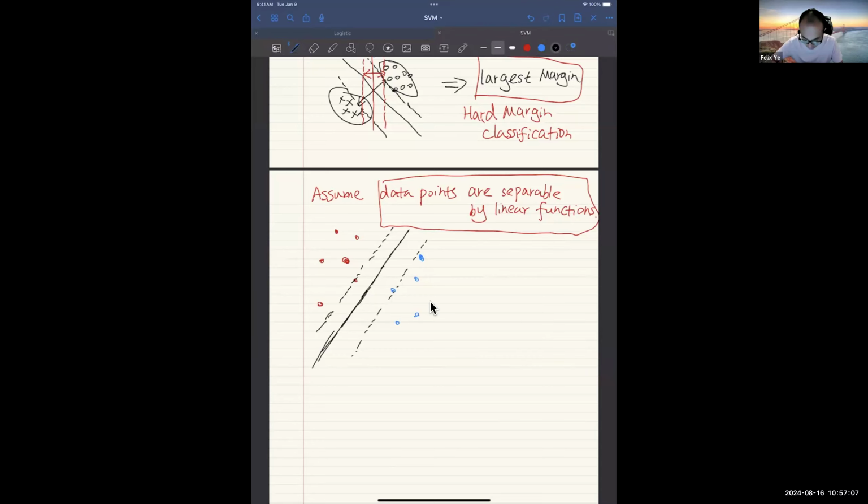So this is basically the decision boundary that we want to maximize the margin for. This is equal to 0. And this dashed line is on the margins right here.